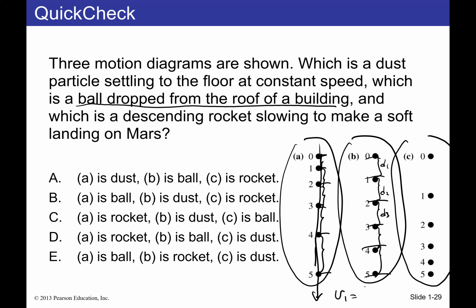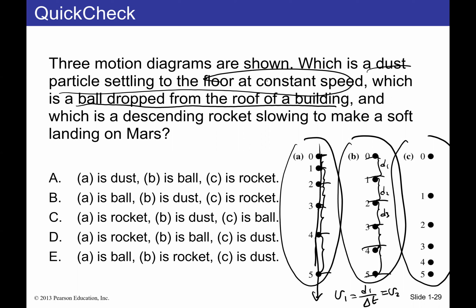So let's say V1 equals D1 over delta T. And since D1 is the same as D2, the same as D3, V1 is going to be equal to V2 and so on and so forth. And this is going to be a dust particle settling on a floor at constant speed.